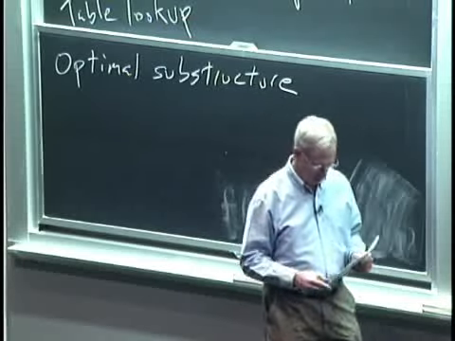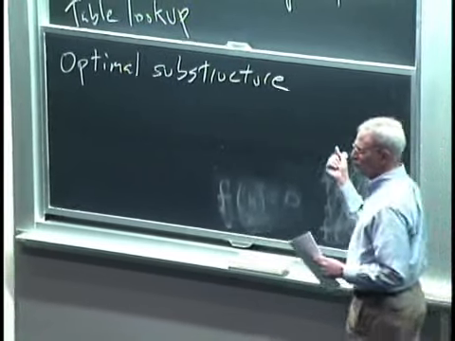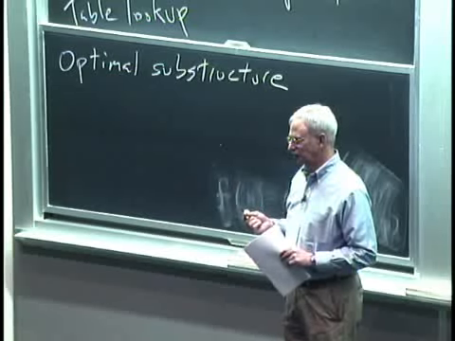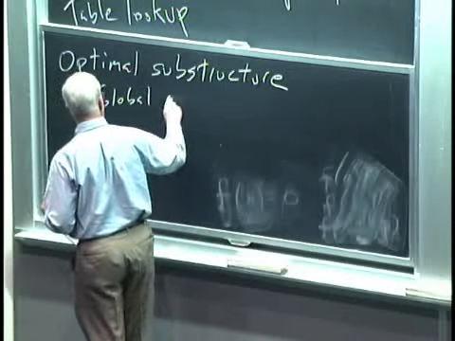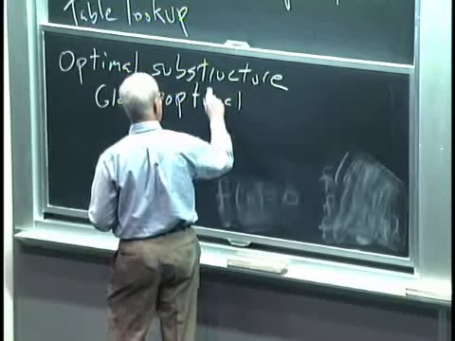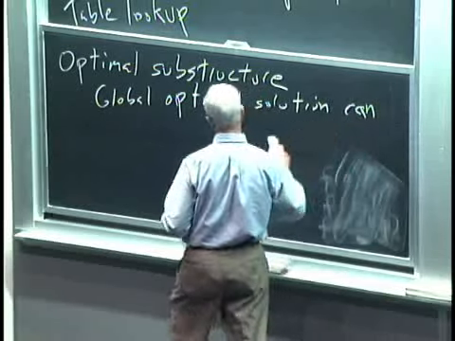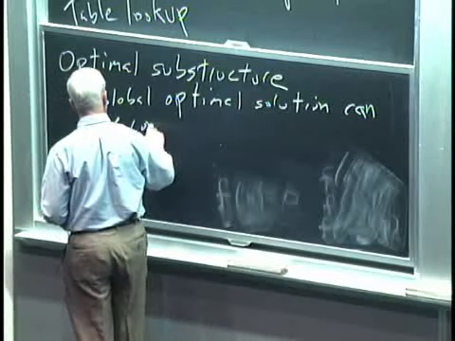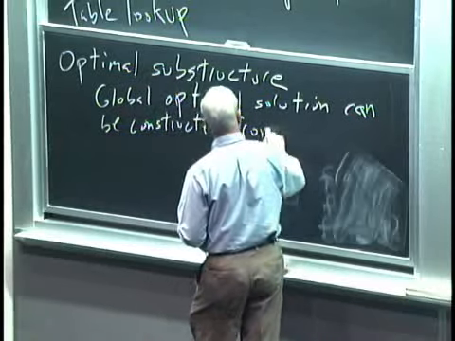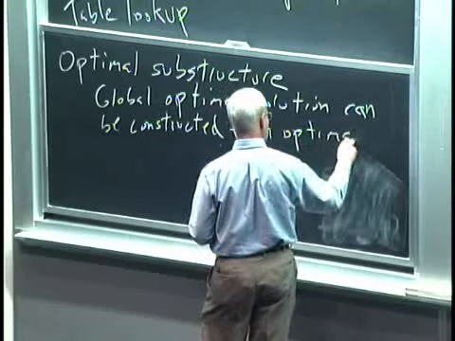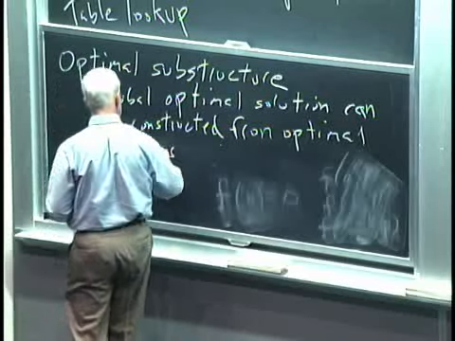The notion here is that you can get a globally optimal solution from locally optimal solutions to subproblems. This is not true of all problems.